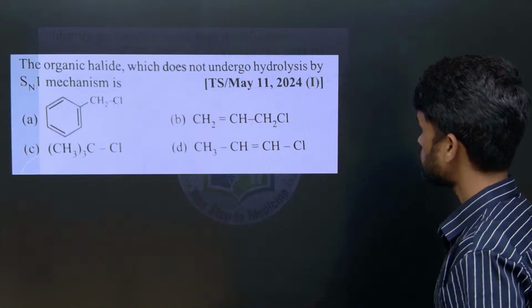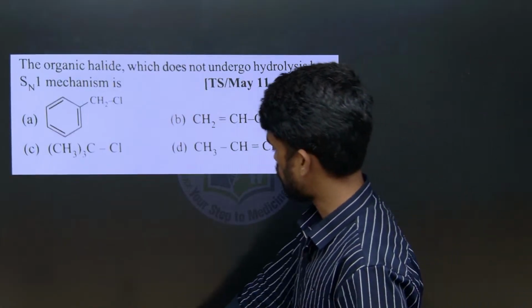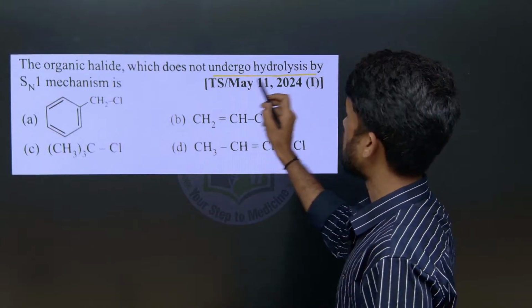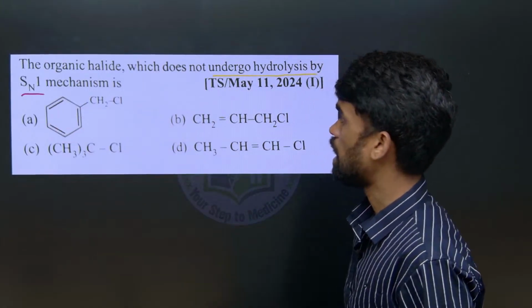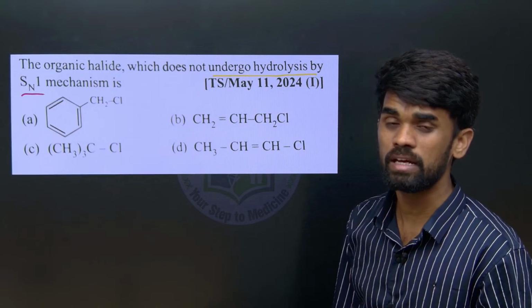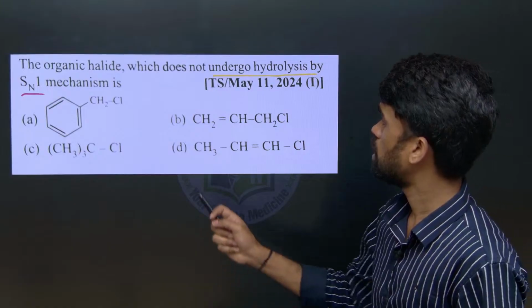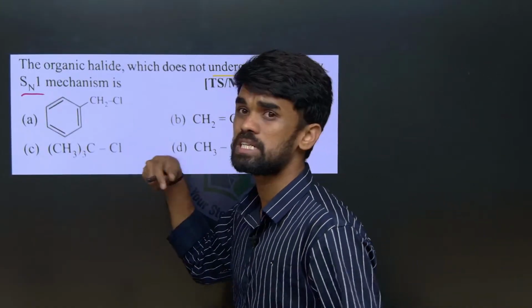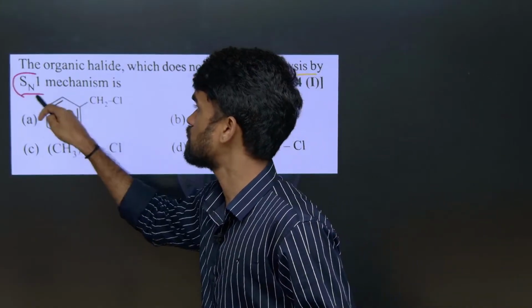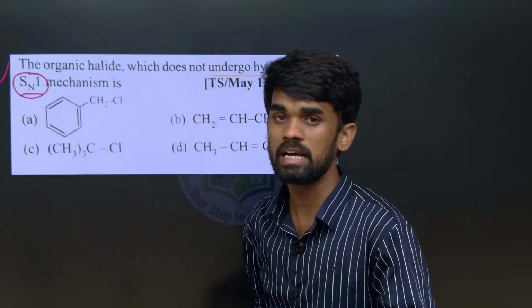Okay. Next, which one of the following does not undergo hydrolysis by SN1? See, I told you in SN1 the intermediate formed is a carbocation. If the intermediate formed is a more stable carbocation, the SN1 reaction is favored and takes place readily.